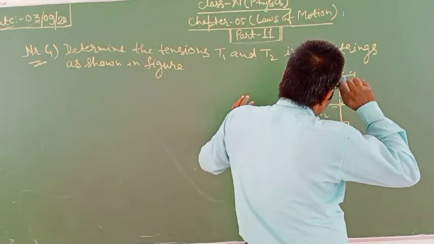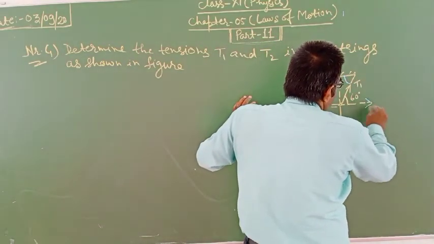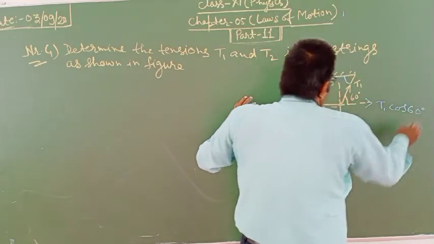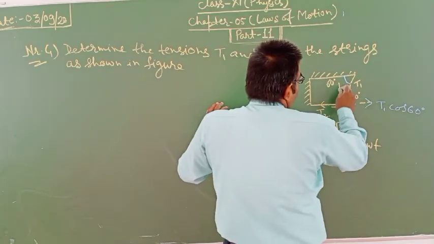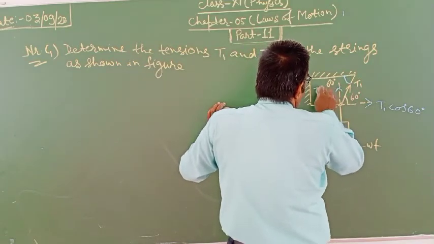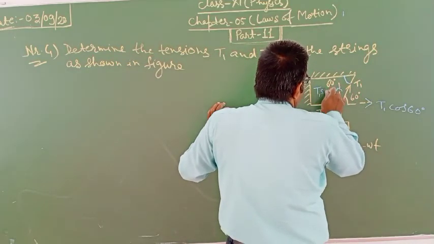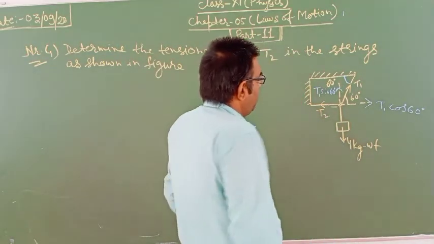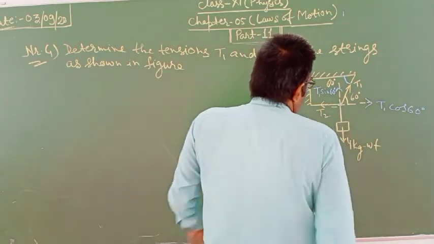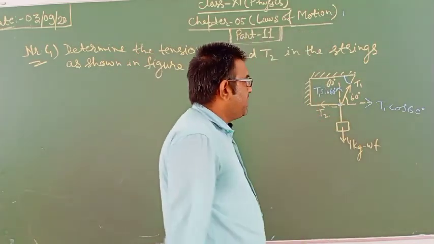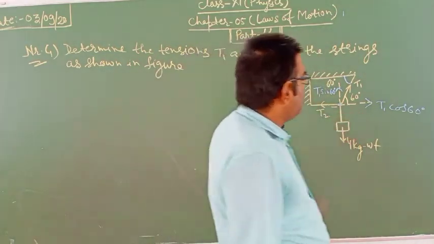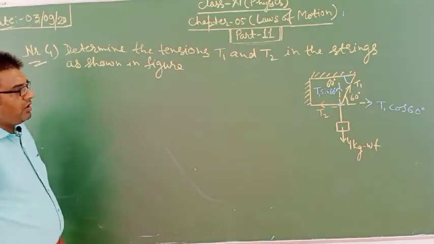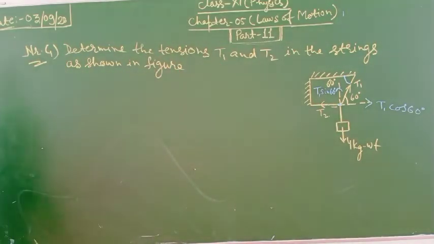Now resolving T1 into its two components, it will give T1 cos 60 degree and T1 sin 60 degree. Now this weight is in equilibrium under the effect of these forces, so equating all the components.